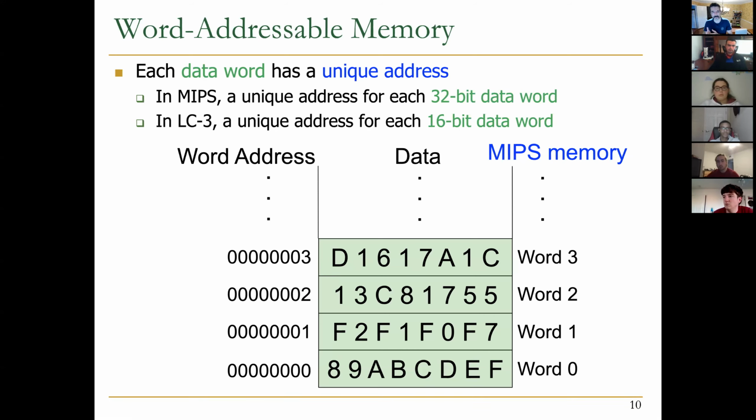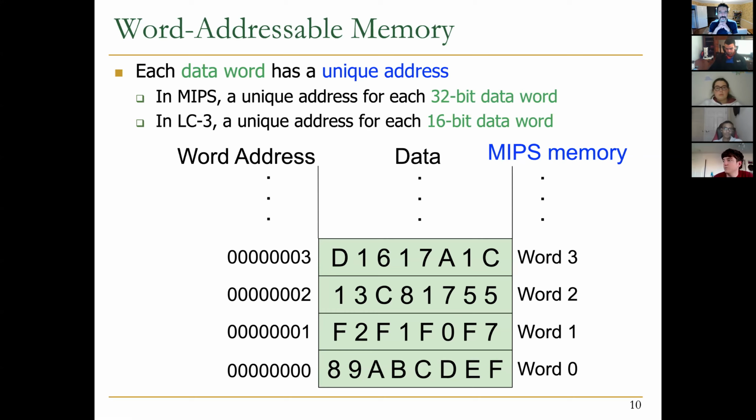And this is how it looks like, right? These are the actual addresses, the word addresses. So you see 0 at the bottom, first, second, third, and all the way up to the level that your ISA can support.